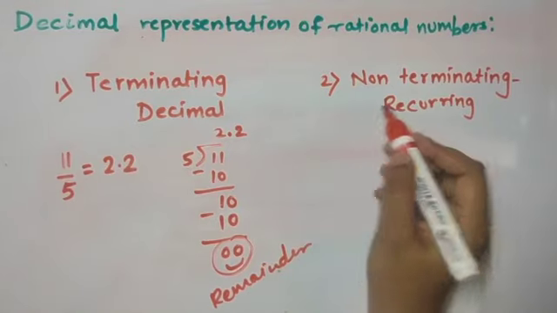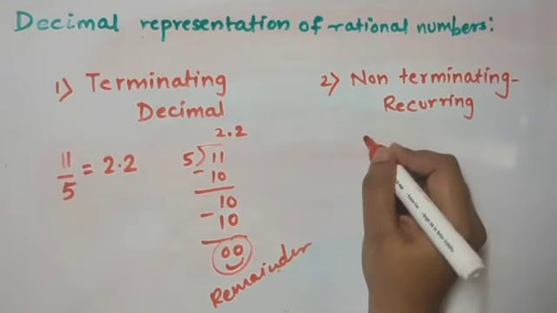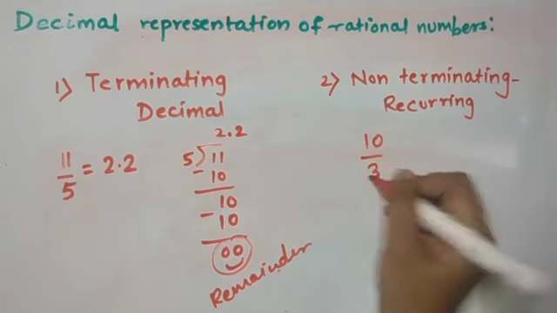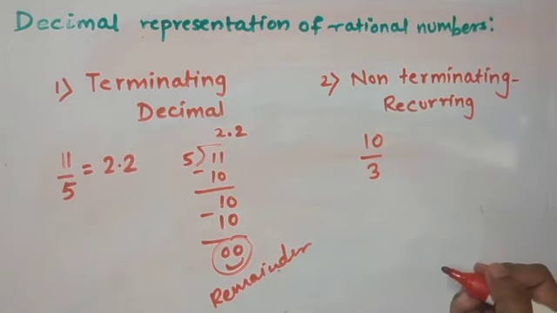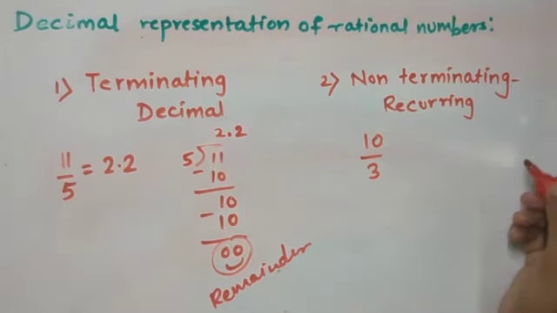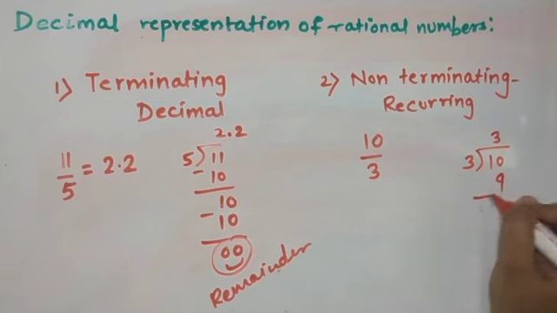Now let's see what non-terminating recurring is. Let's suppose 10 upon 3 is a rational number and you have to represent it in decimal form. So you have to divide 10 by 3. 3 3s are 9. 10 minus 9, 1.